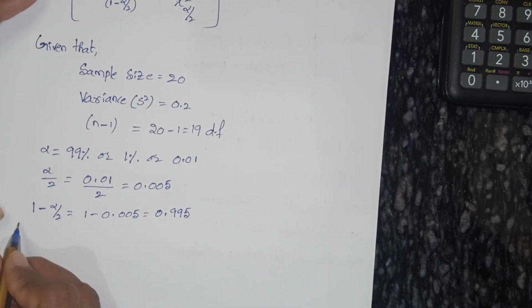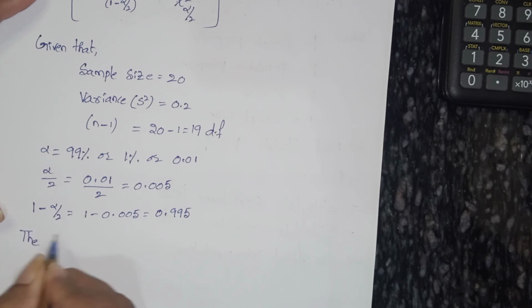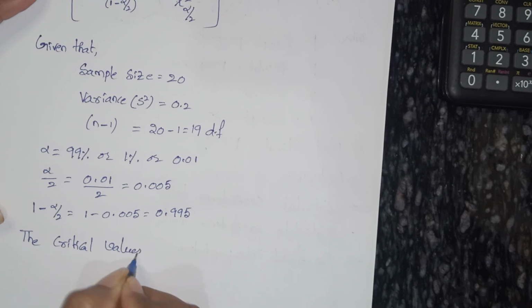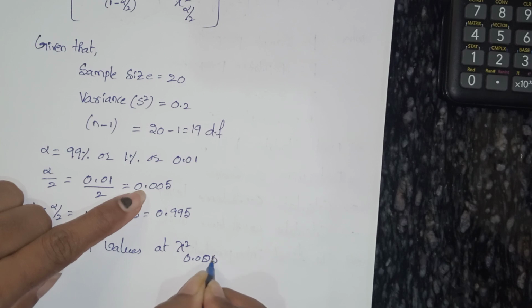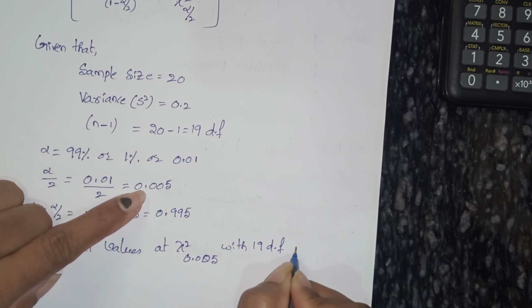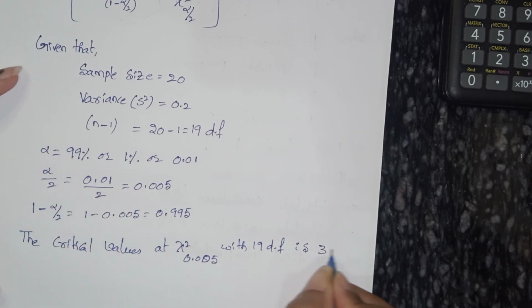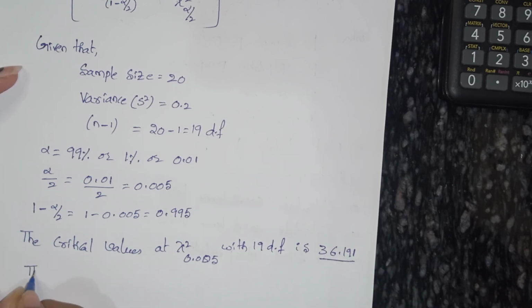The critical values at chi-square 0.005 with 19 degrees of freedom is 36.191. Next, the critical values are nothing but table values.